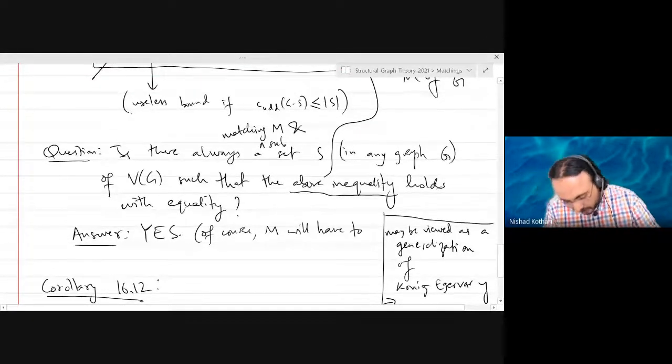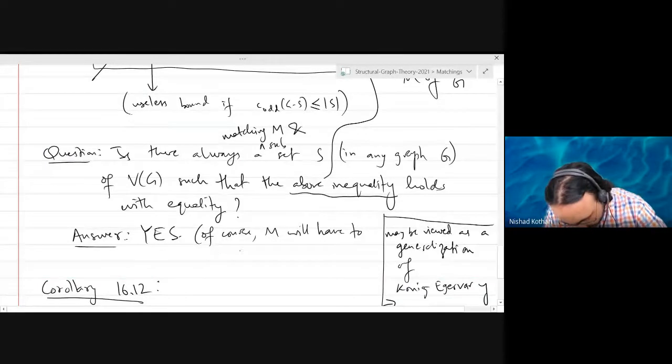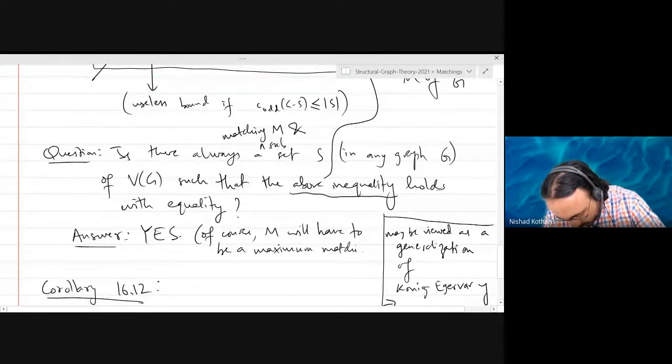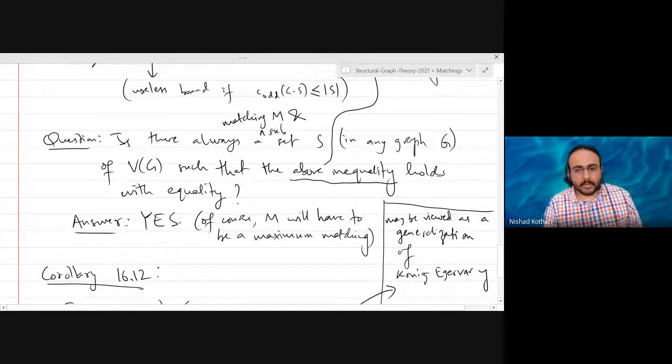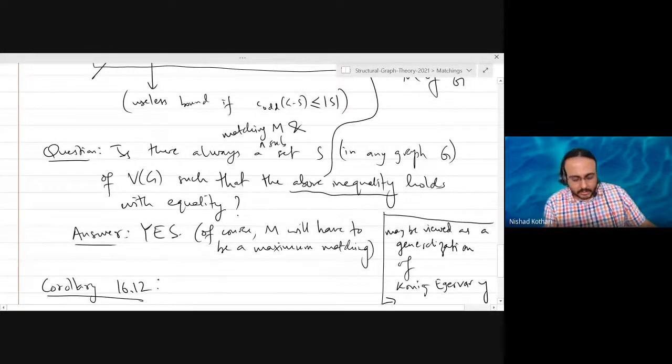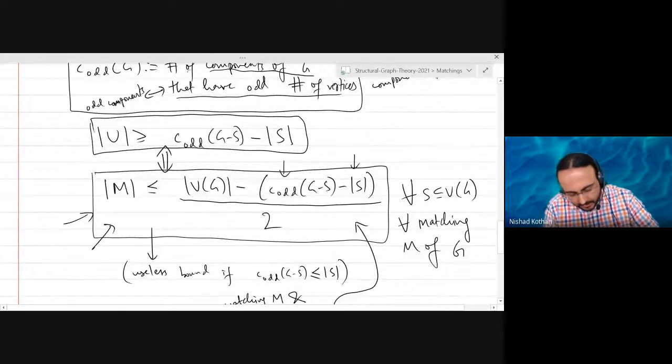Because if it holds with equality, then the matching has to be as big as possible because it meets the upper bound. And such sets S, which minimize the right hand side, are called barriers of the graph.